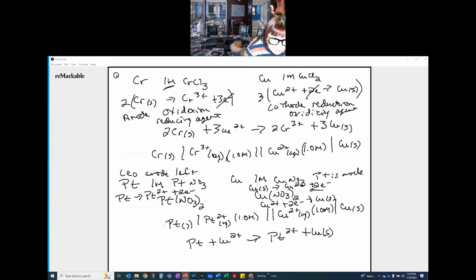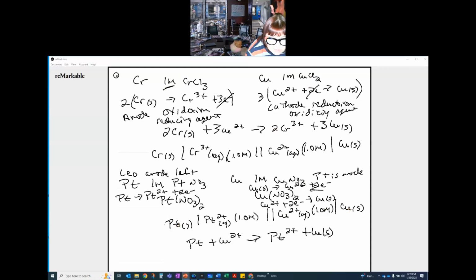And of course, when I'm trying to write an overall cell reaction, I can see that this Pt right here is what I start with. And this is the metal that I end with. Over here is Cu(s). That's the metal that I end with. So I know that this is a reactant.